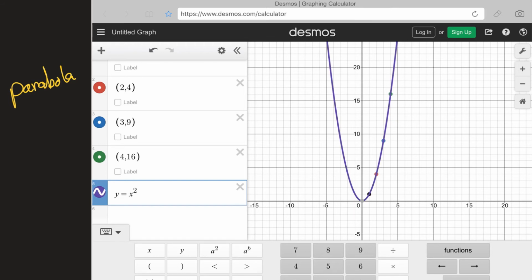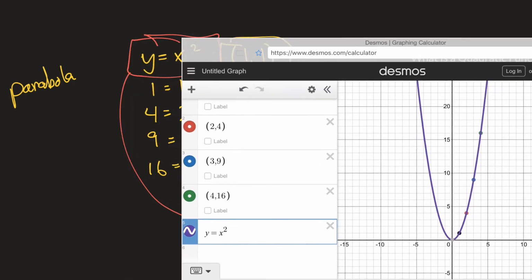Now, there's one other characteristic that I think is particularly interesting.